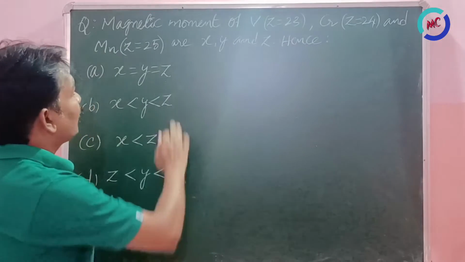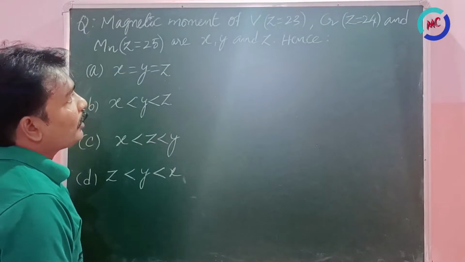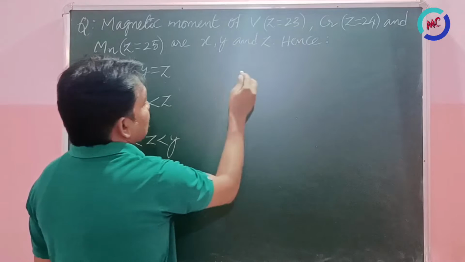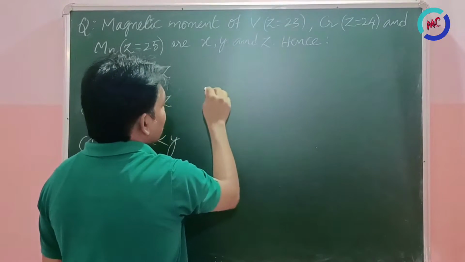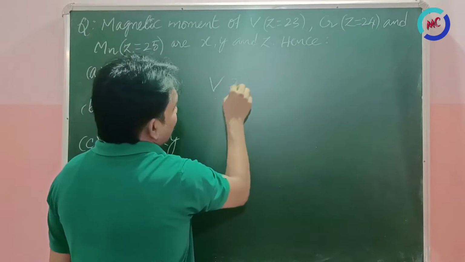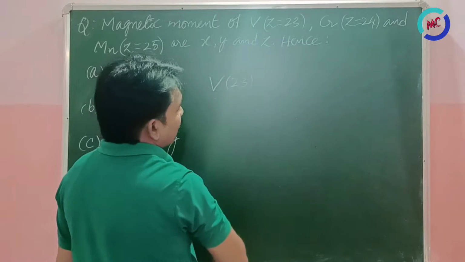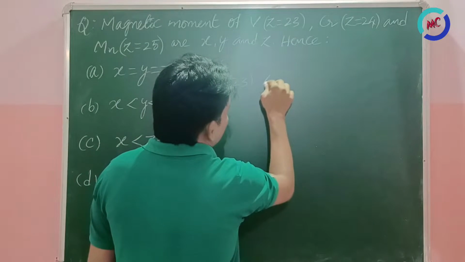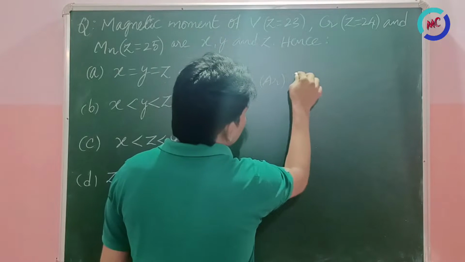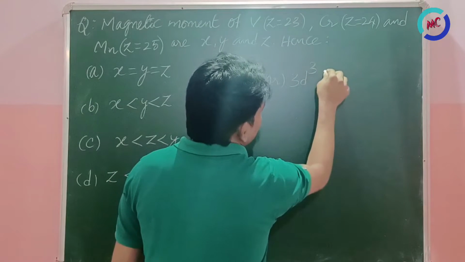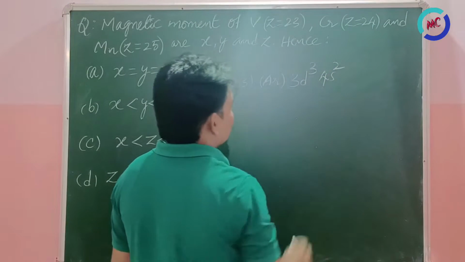Now we will find out the number of unpaired electrons in each case. First we will take vanadium 23. What is the configuration here? Argon 3d3 4s2.